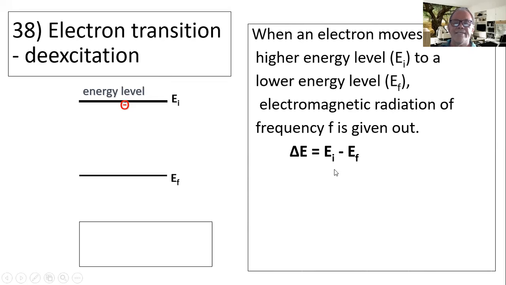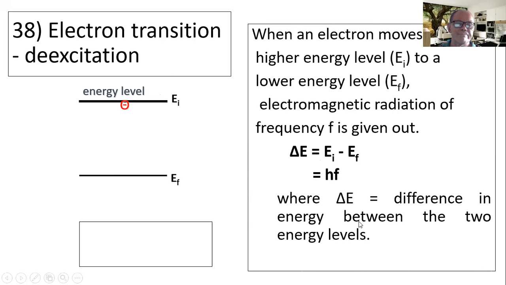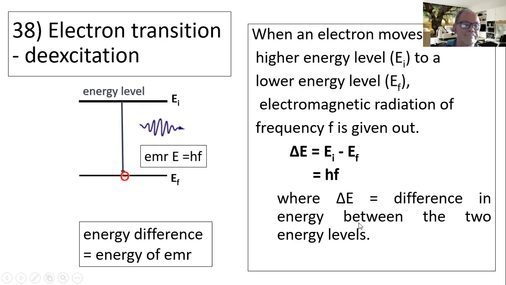Ei minus Ef is the energy difference between these two, and the energy difference equals the energy of the electromagnetic radiation. That's how we represent it.